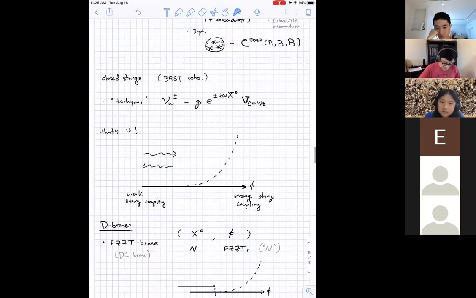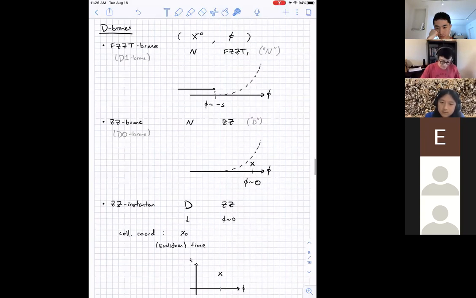Okay, so then now, yes, back to the D-branes. So the FZZT brane is extended, as we will hear more about tomorrow. And then the ZZ brane, which is of Neumann type in the free boson, and ZZ type in the Liouville direction, which is Dirichlet type.